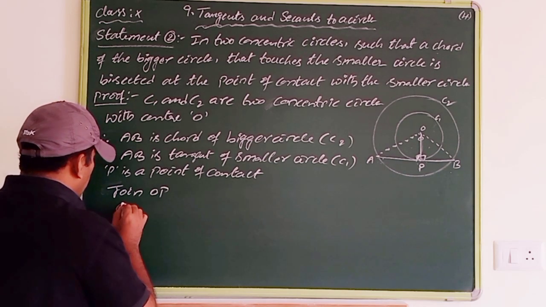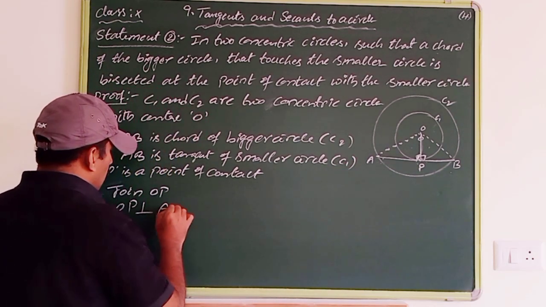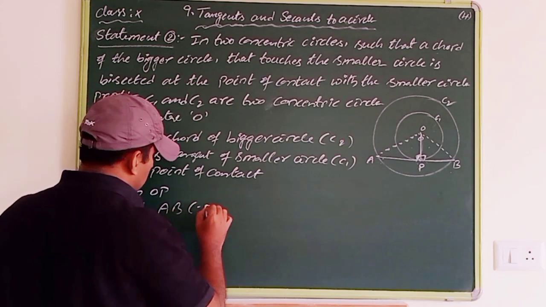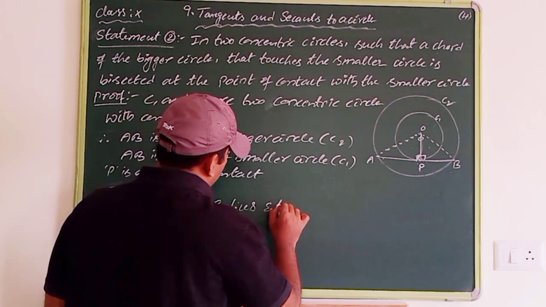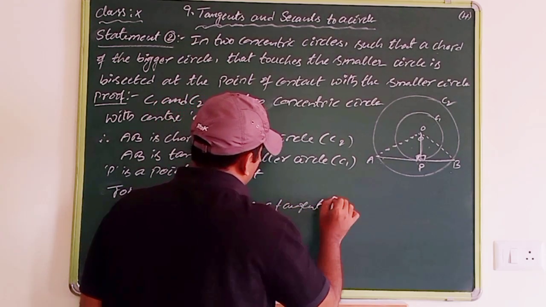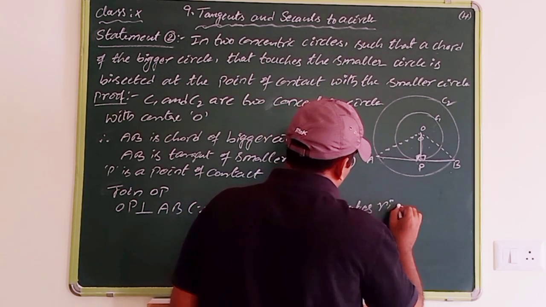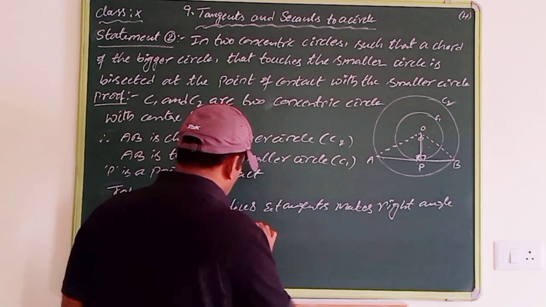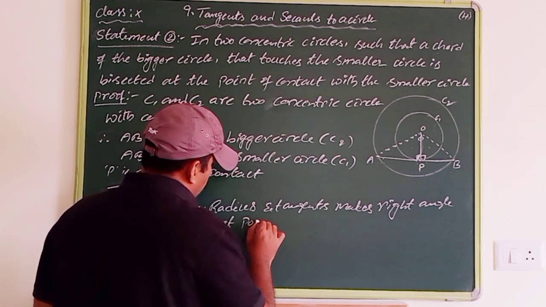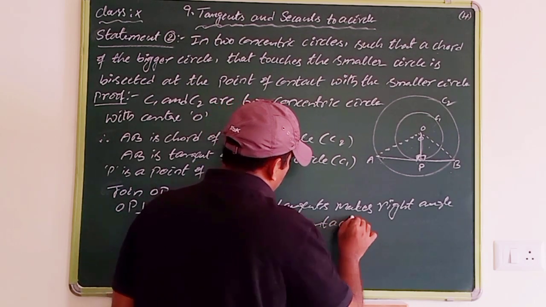Now OP is perpendicular to AB, since the radius and tangent make a right angle at the point of contact. This point we should write here.